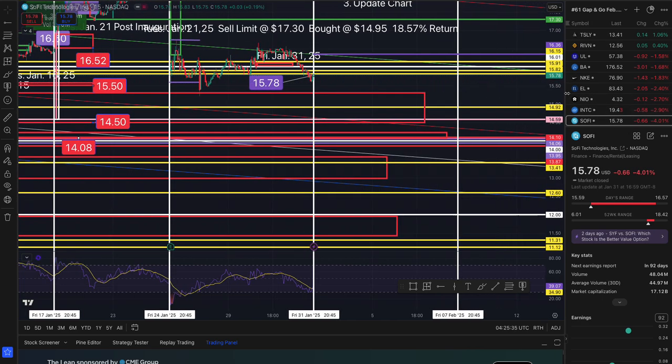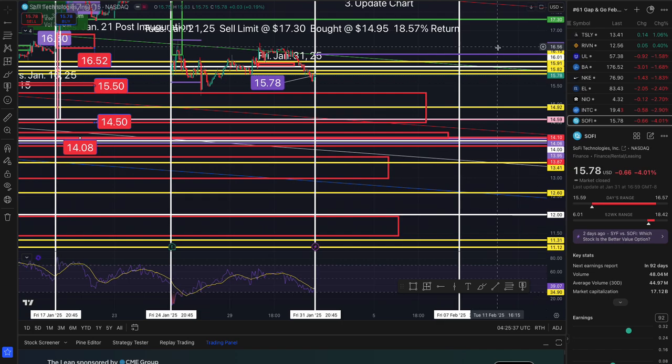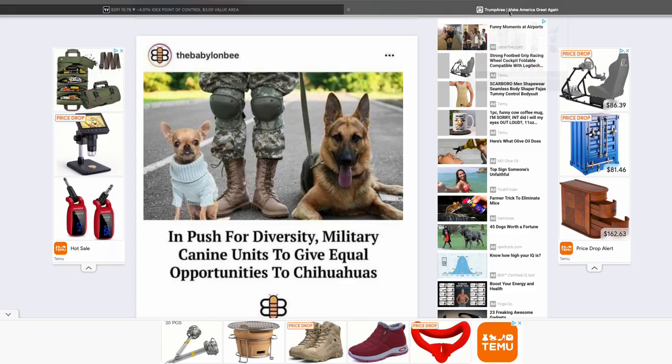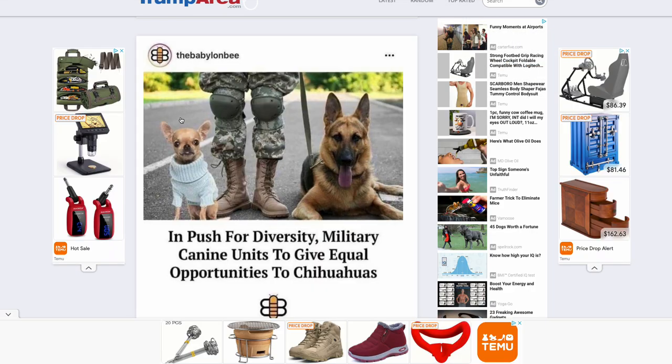All right, and I want to show you something. I was just poking around on a website that you may or may not know, Trump area. This isn't what I wanted to show you, but I saw this and I'm laughing. In push for diversity, military canine units to give equal opportunities to Chihuahuas. This cracked me up because I have a friend that had 4 of them. She no longer has any.